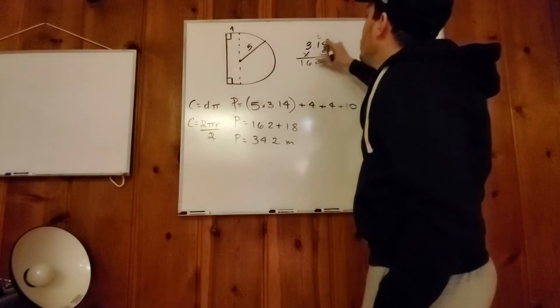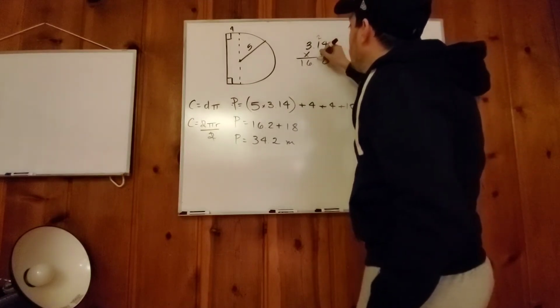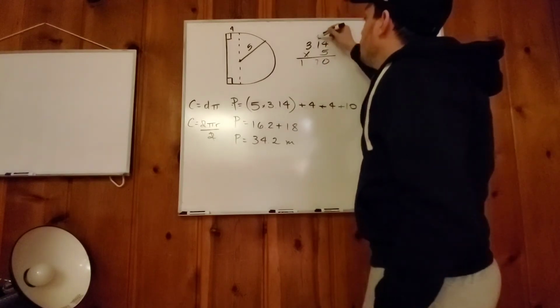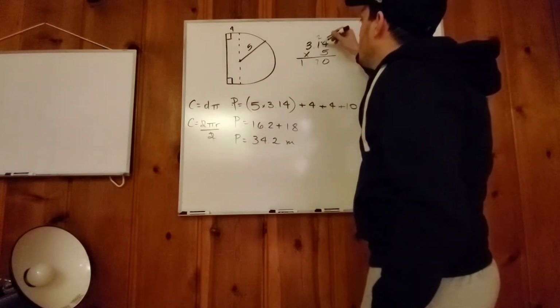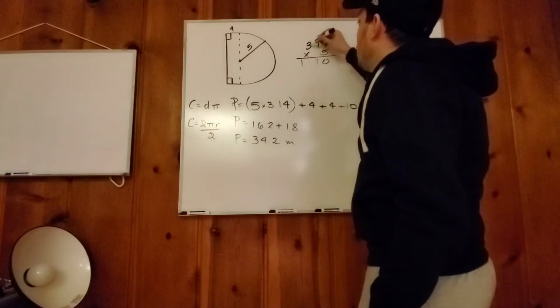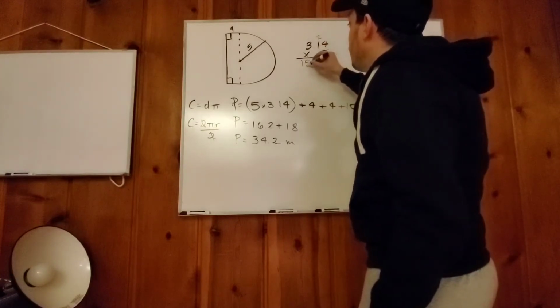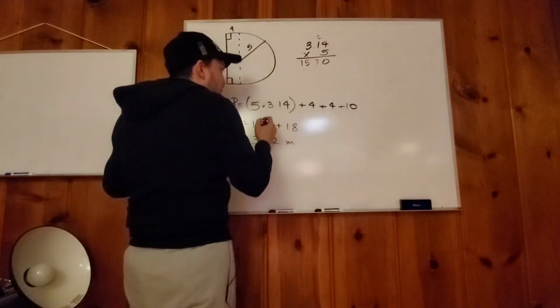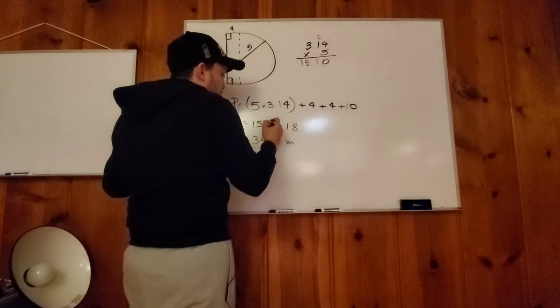Oh, it's because it's 1 times 5, not 2 times 5. Yeah, 1 times 5 is 5, plus 2 is 7. 3 times 5 is 15. So it's 15.7. Whoops. That's why you always need to check your work.